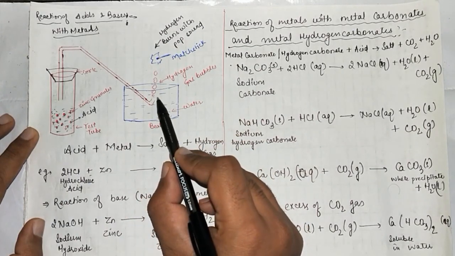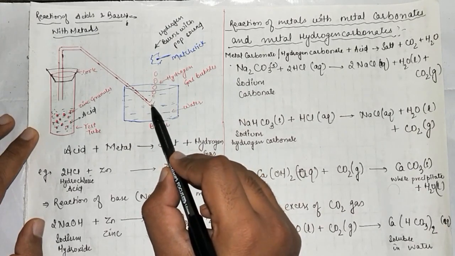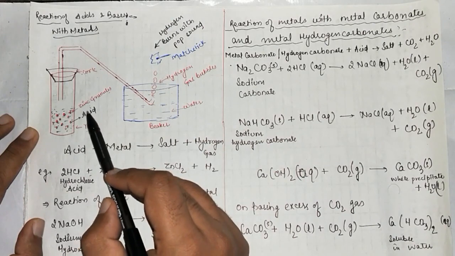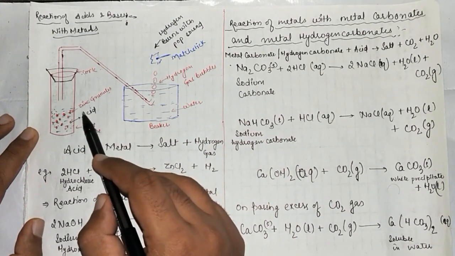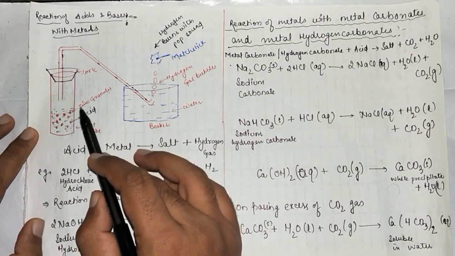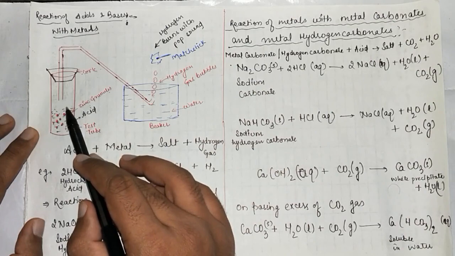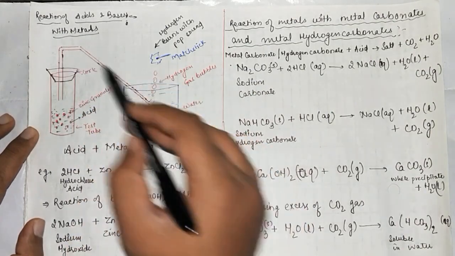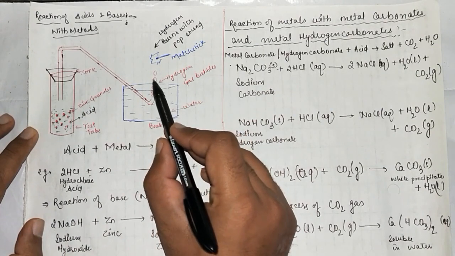Then we can see that bubbles are coming out from this tube. So we have mixed an acid with zinc granules, that means a metal, and a reaction takes place, and a gas evolves from this tube in the form of bubbles.